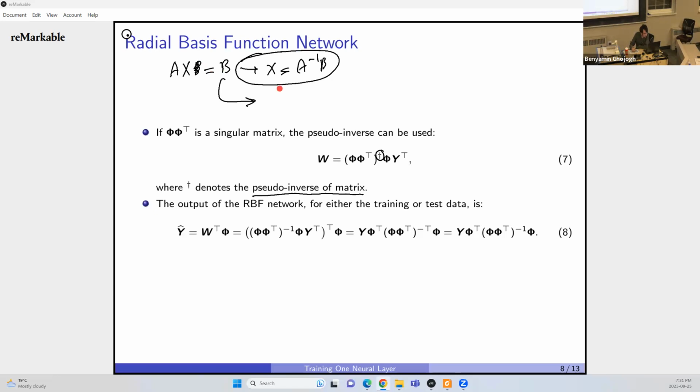So I multiply both sides by A transpose. Give me a second. A transpose A. Yeah, I think I'm right. Left multiply both sides by A transpose.